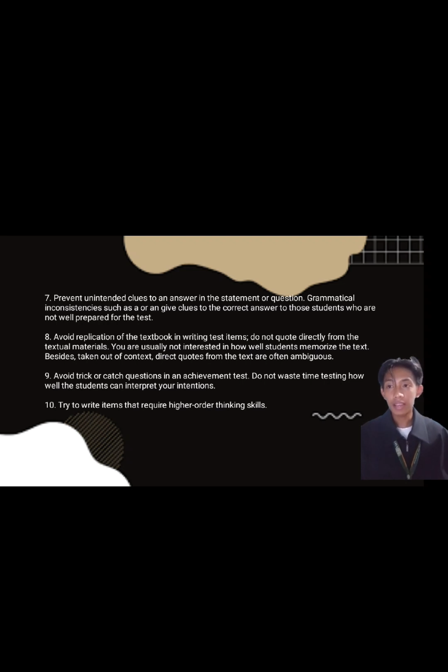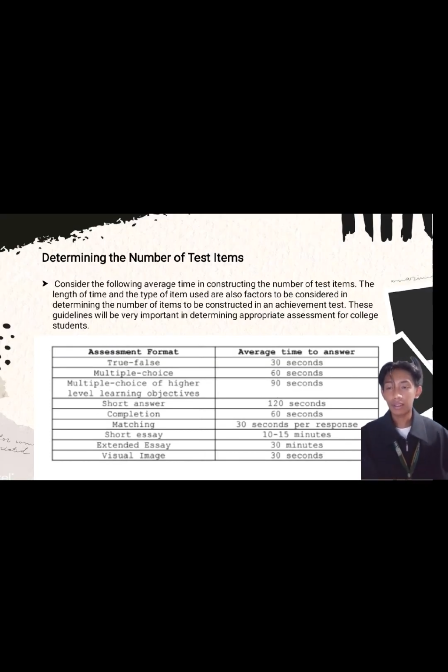So now, let's talk about determining the number of test items. Okay, consider the following average time in constructing the number of items. The length of time and the type of item used are also factors to be considered in determining the number of items to be included in an achievement test.